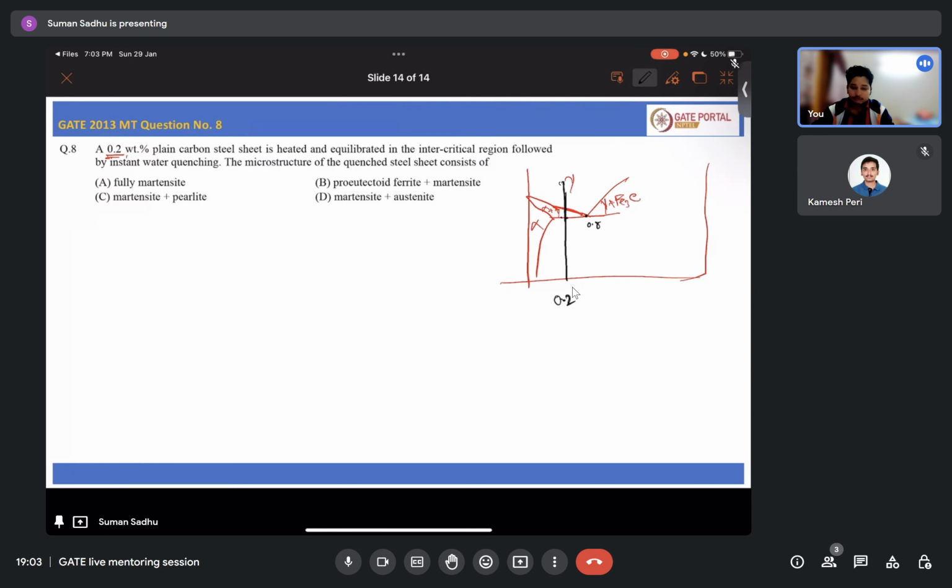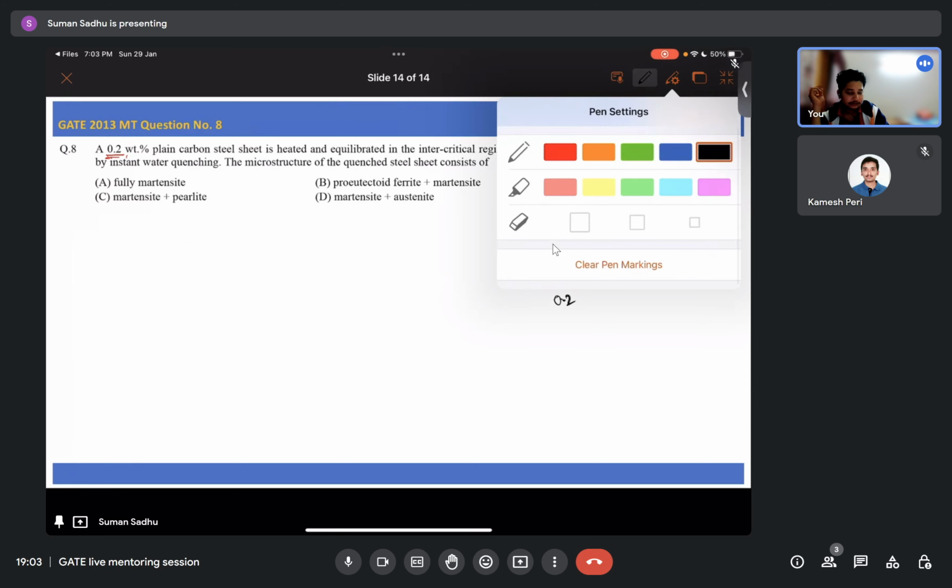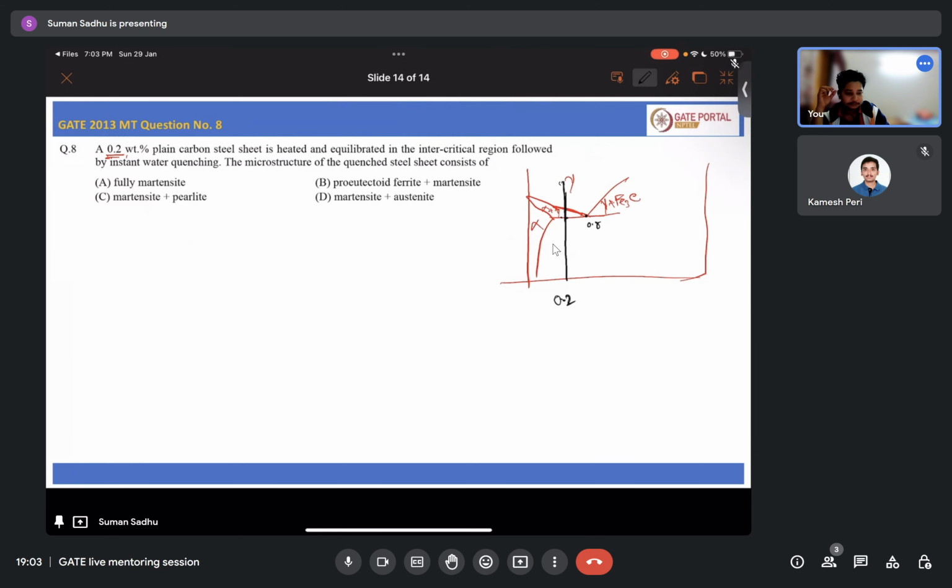So what treatment is done? It is heated and equilibrated in the intercritical region. So what does it mean by the intercritical region? Which region is the intercritical region? Let's say somewhere here is room temperature, and then it is heated up to the intercritical region.